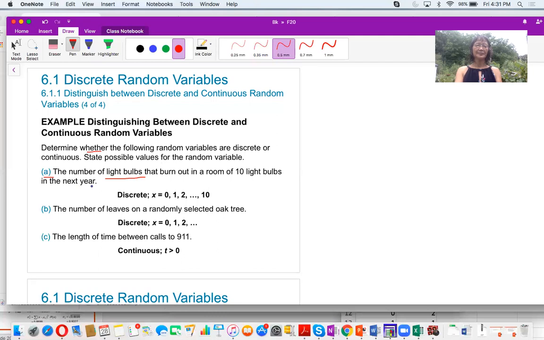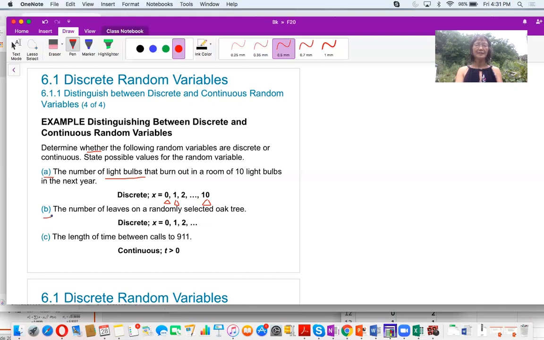Okay. So this is discrete because it has a finite number, or you can count the number of light bulbs that burned out. Maybe 0 light bulbs burned out. Maybe 1 light bulb burned out. Maybe all 10 light bulbs burn out. So this is discrete.